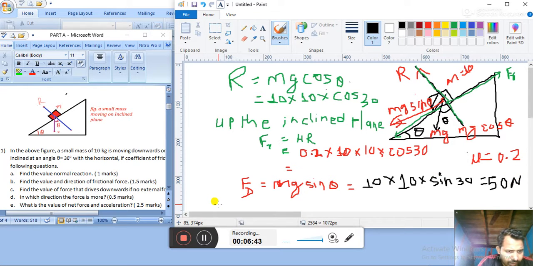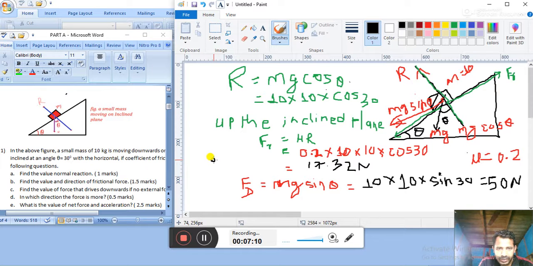Now second, we have done in what direction the force is more. If you calculate this Fr, you will get 17.32 Newton. Now in which direction is the force more? See, I am making the figure again.